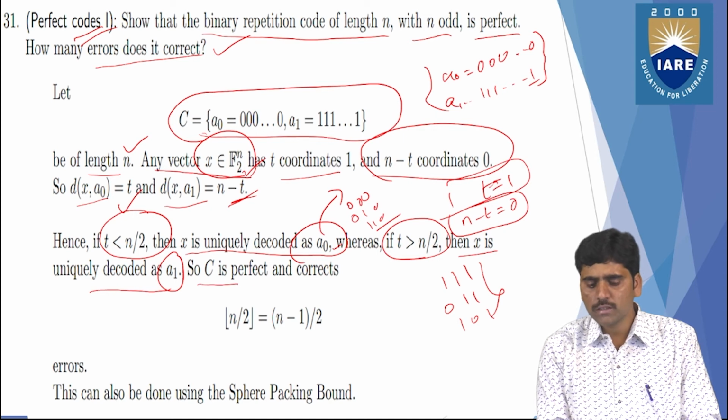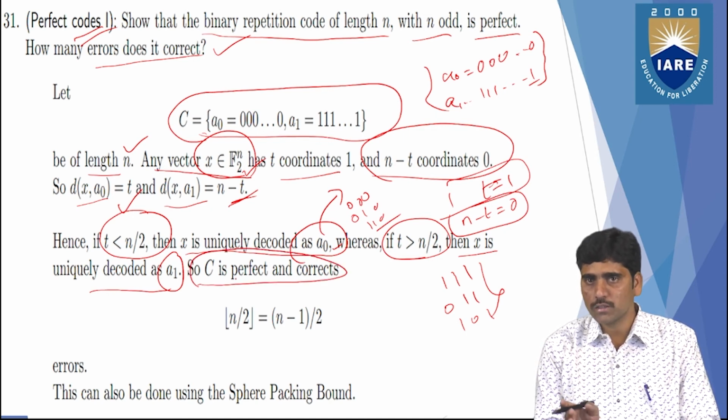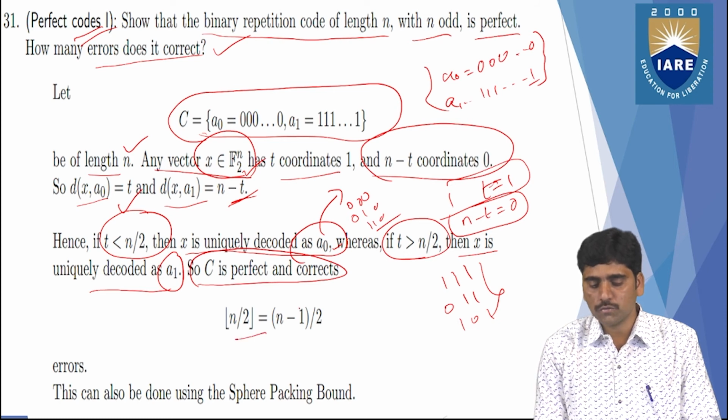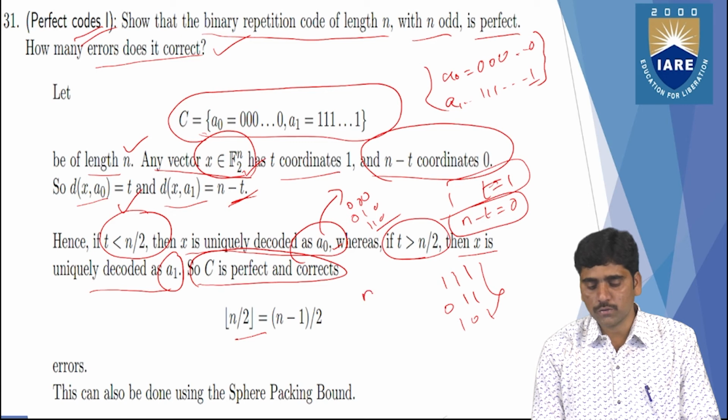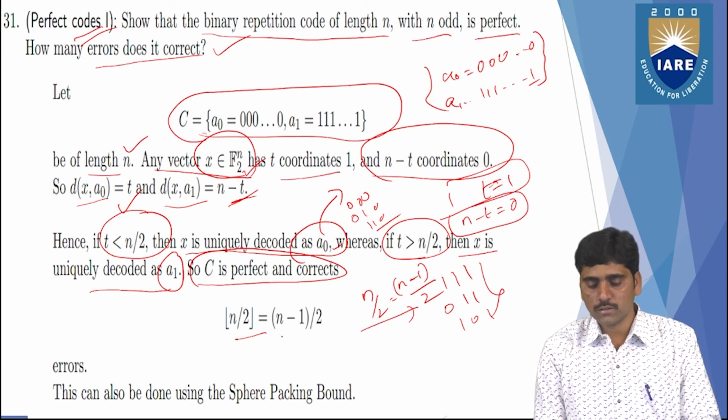So C, the code word, is a perfect code, and it corrects n by 2, which can be rewritten as n minus 1 by 2. This is the number of errors that it will correct.